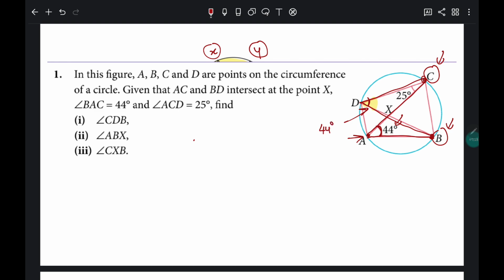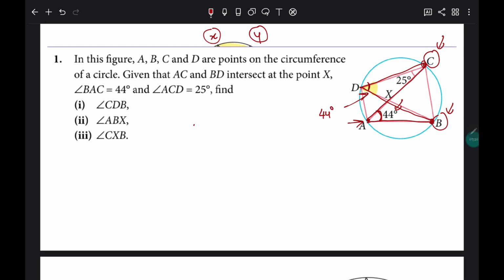Therefore, they are equal, 44 degrees. Therefore, in part 1, angle CDB is equal to 44 degrees. I just write angles in same segment. Done. Can I introduce you now to another property?